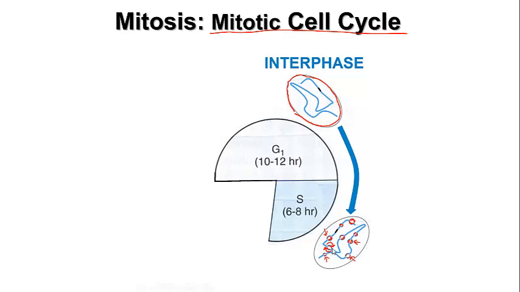As this happens, these loops get wider and wider, and eventually they all run into each other. As a result, this entire strand of DNA representing a single chromosome is completely, 100% identically copied.